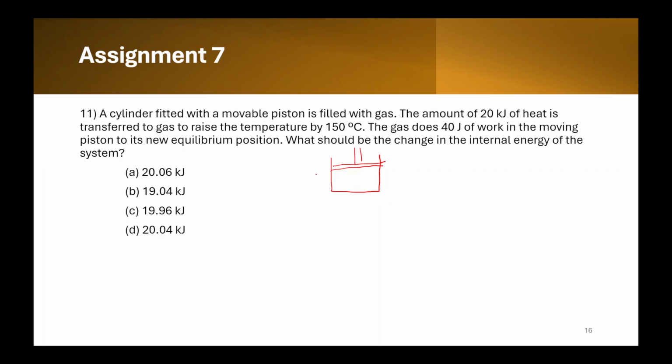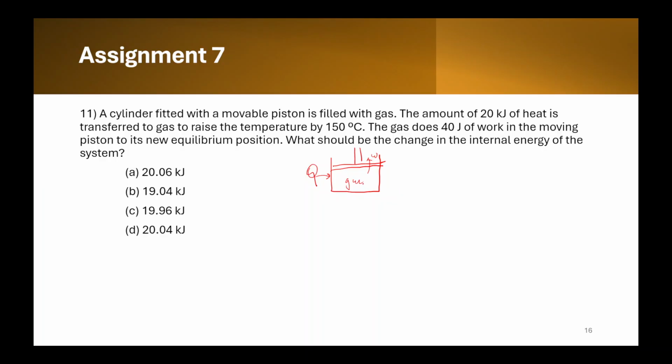So some heat is being added, and the gas does 40 joule of work in moving the piston to its new equilibrium position. So some work will be done by this gas on this piston. What should be the change in the internal energy?